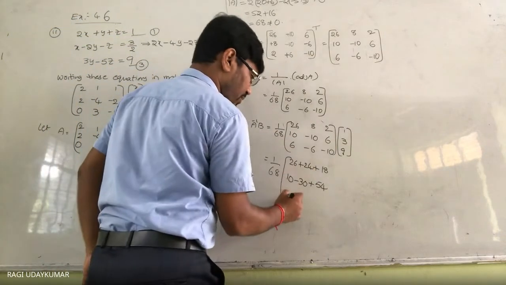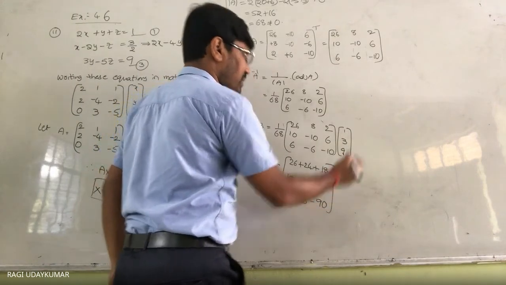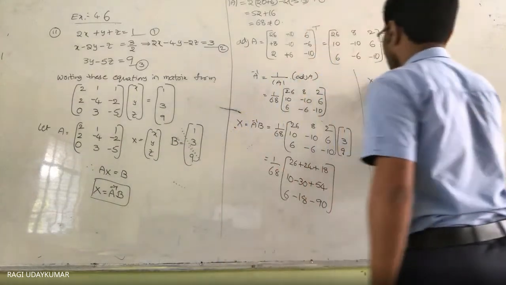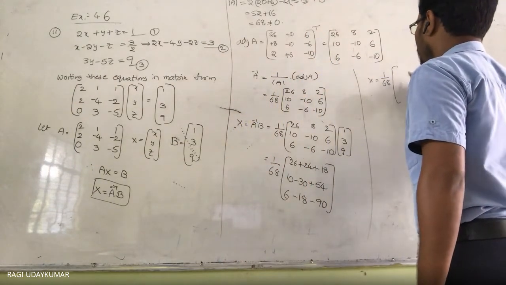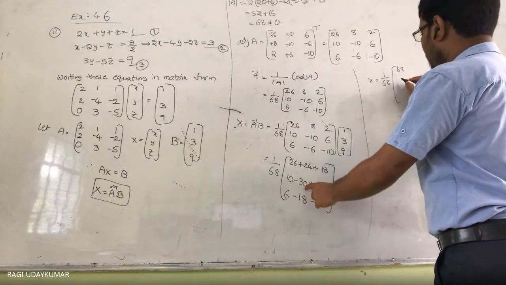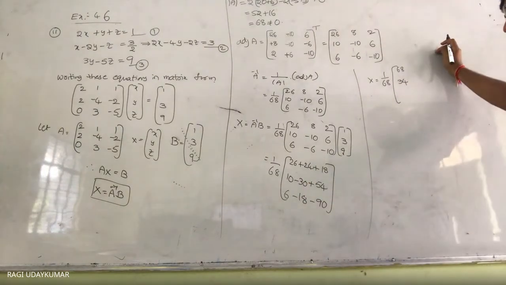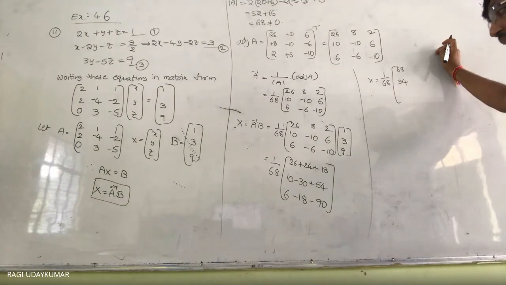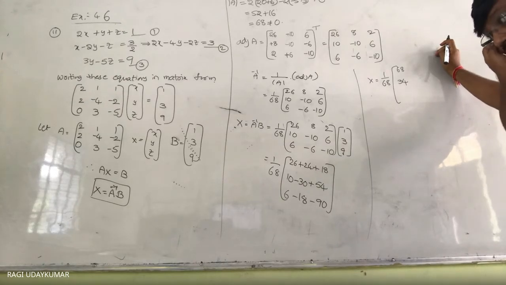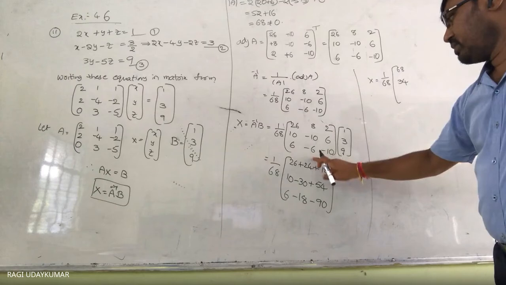6 ones are 6 minus 18 minus 90. So what are the numbers we are getting? Let us write here. X is equal to 1 by 68 into here 68, here 64 minus 30, 34, minus 108, minus 6, minus 118, minus 6, 100. Is it right? 6 1 is 6, 3 is a.